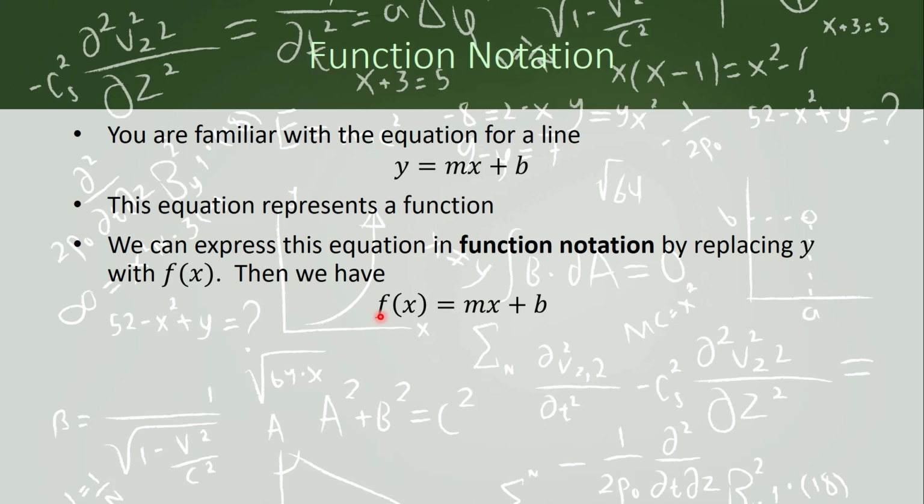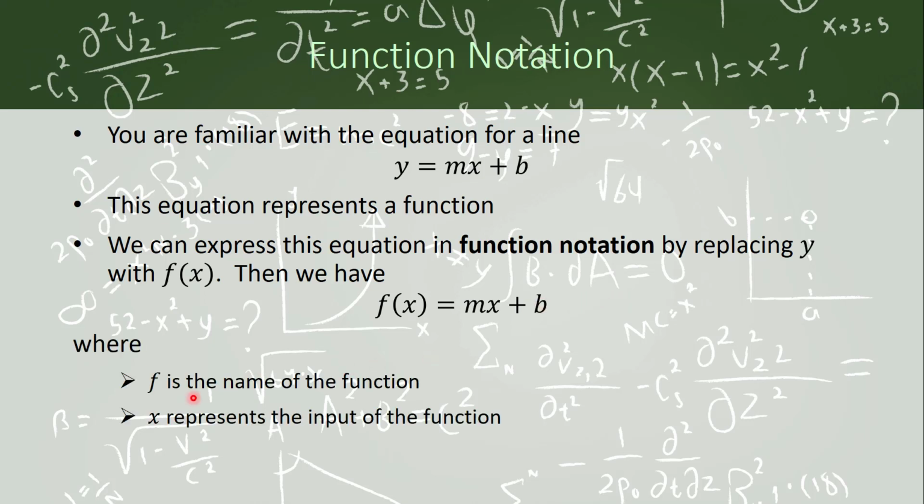The name of this function happens to be f. And the variable associated with this function is the independent variable, which we're going to call x. This says that our function, named f, is defined as follows: you take x, multiply it by m, add b to it, and that is going to be the output of the function.